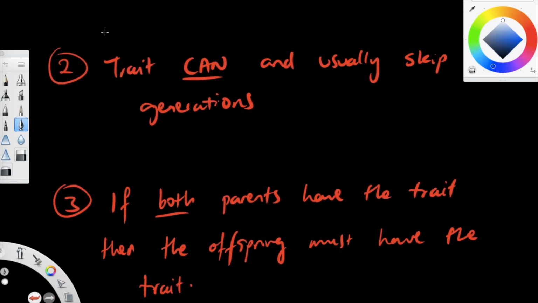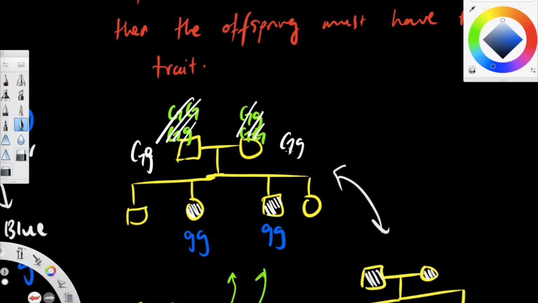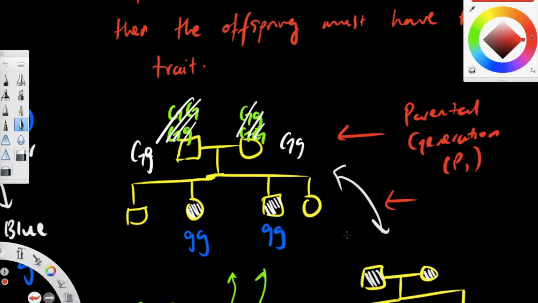So let's have a look at criterion number 2, that a trait can usually skip a generation. Well, we can see that this is the case, right? Because in this generation, let's say this is the parental generation, aka P1, and this is the first generation, aka F1, then we can see that the trait of concern skipped the generation, right?